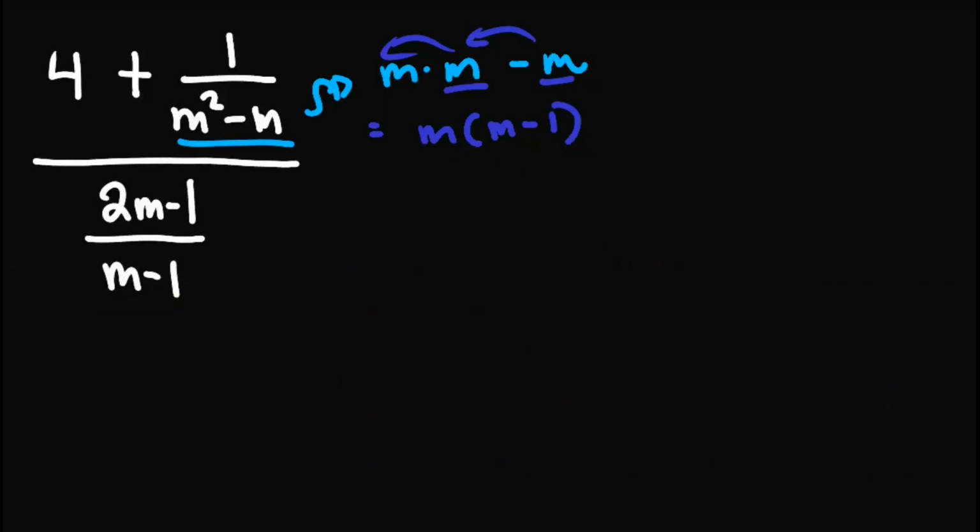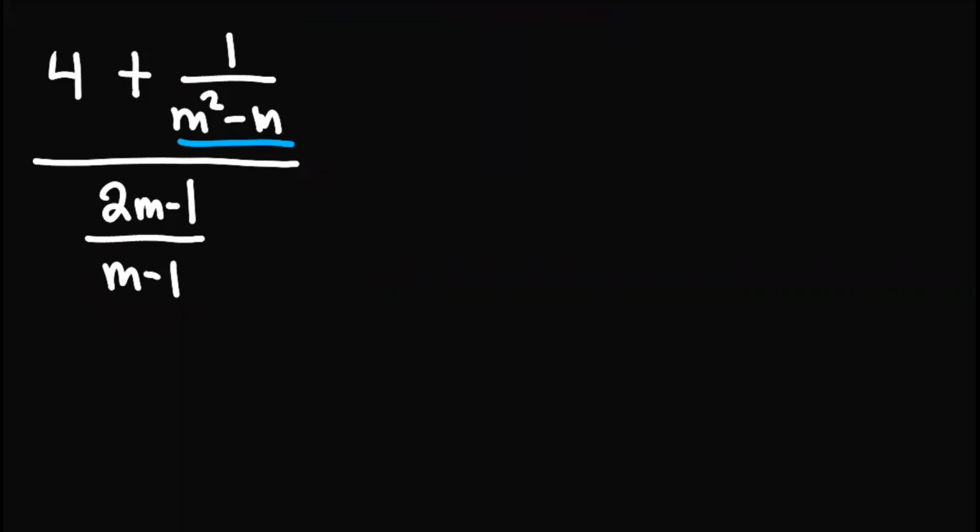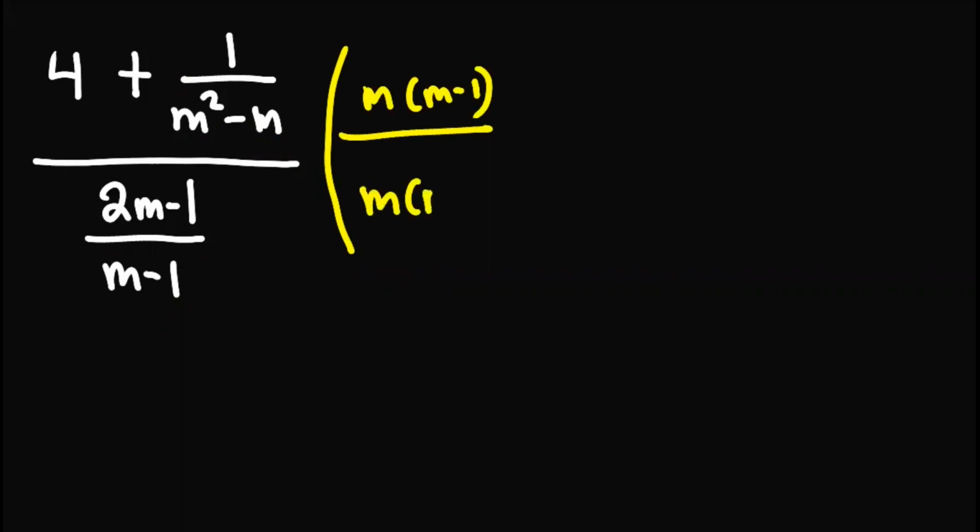So what we need to multiply in this rational expression is simply m squared minus m, or m times m minus 1, since that would cancel out this m minus 1 denominator as well. So doing that, we multiply m times m minus 1 over m times m minus 1.